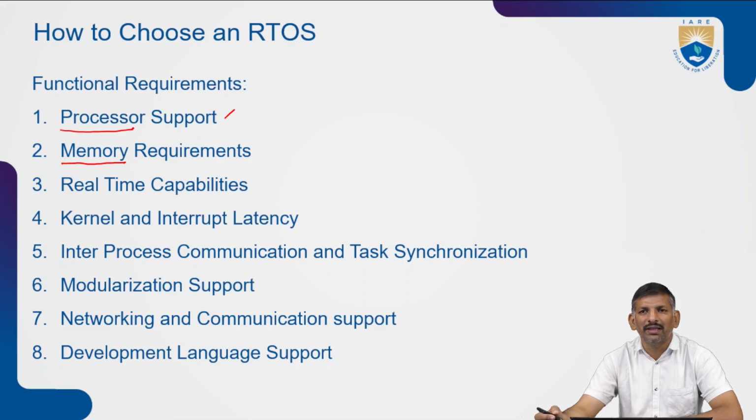So check the memory requirements. What is the memory size required to store the real-time operating system? If it is 10 GB, our secondary memory storage must be more than 10 GB, whether flash memory or whatever type of secondary memory we are using.